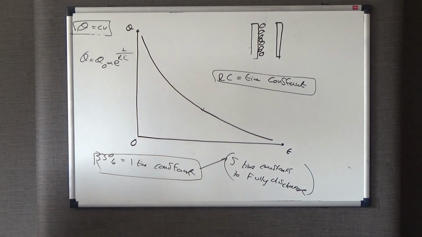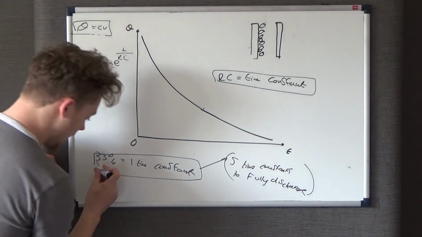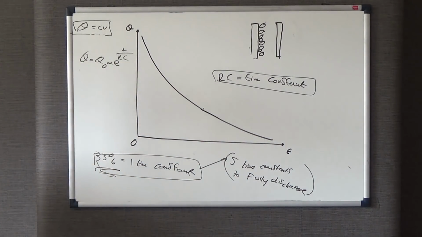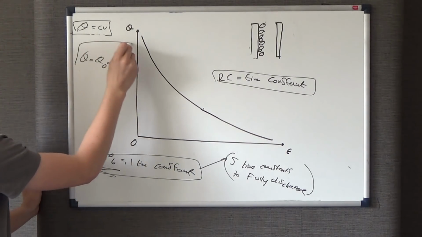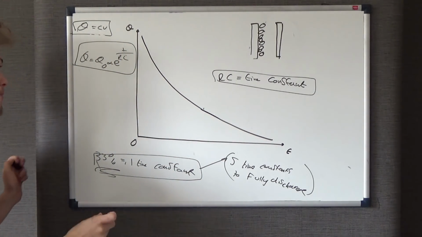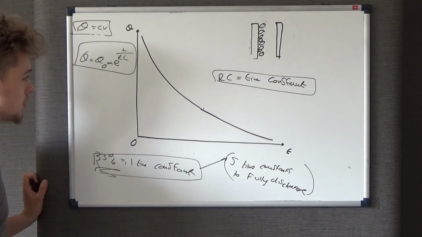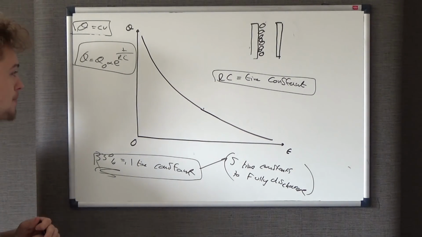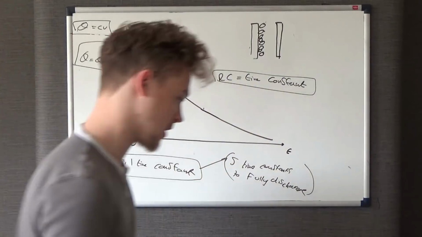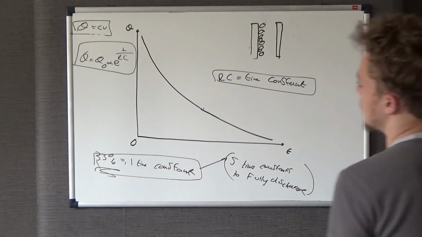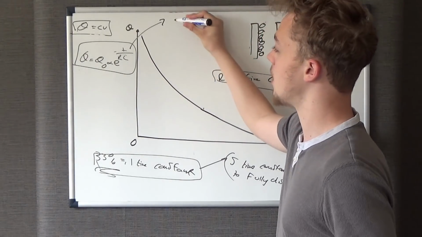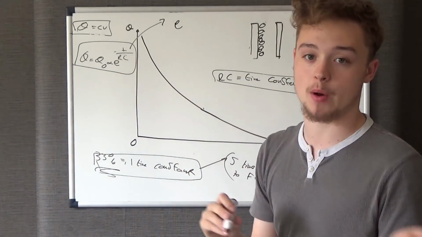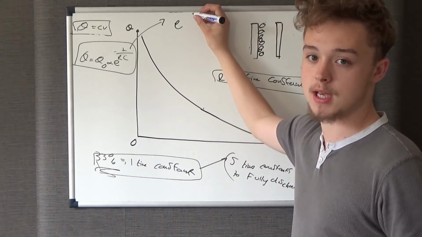So when T equals RC, you may go, well, why is it 33%? The reason it's 33%, if you put it into this equation here, Q is equal to Q naught e to the power of minus T over RC. When T equals RC, you get Q naught times e to the power of minus RC over RC.